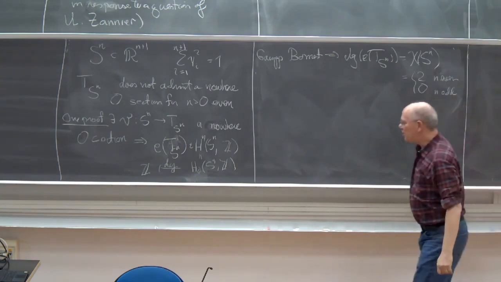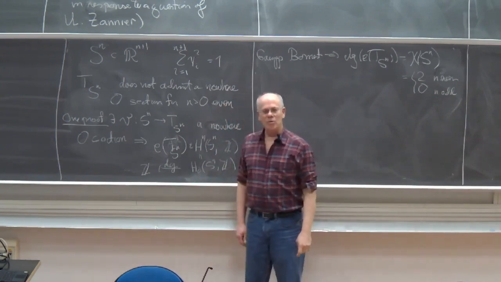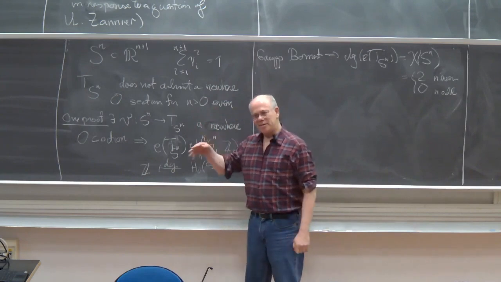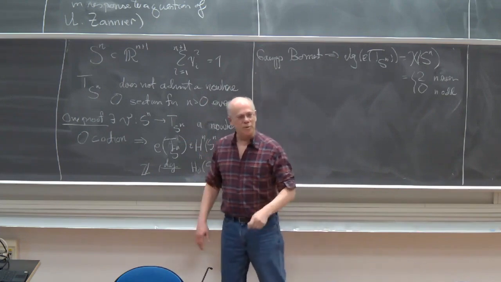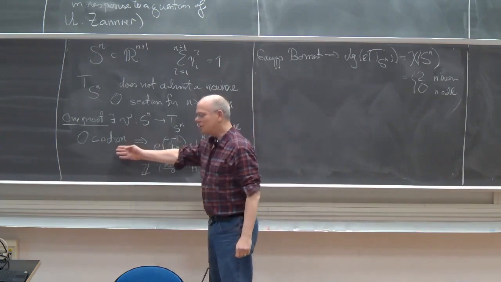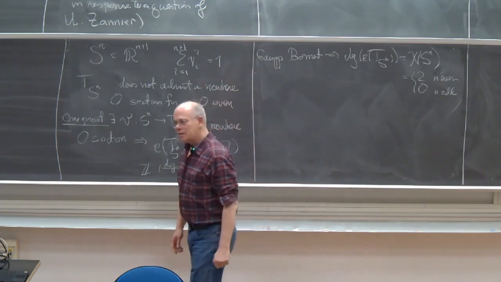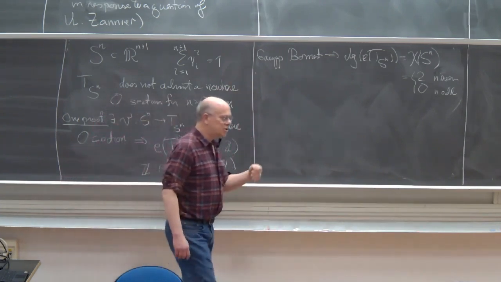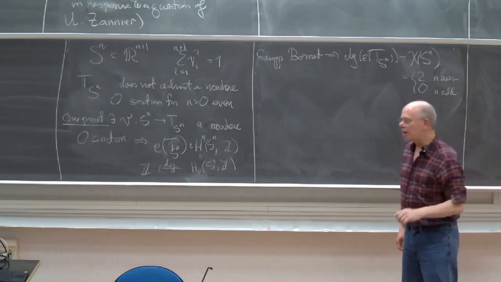On the other hand, if you have a nowhere zero section, of course, in general, if you take a section of a bundle and it vanishes at the right dimension, let's say transverse to the zero section, which a nowhere zero section certainly is, then the degree of the Euler class is just the number of zeros counted with the orientation, plus or minus.